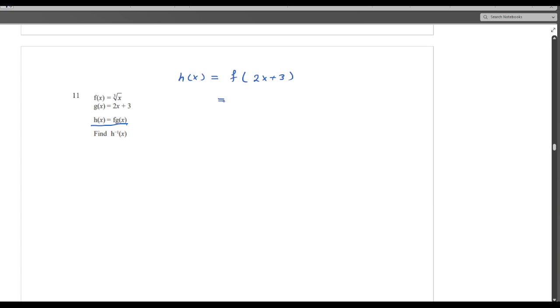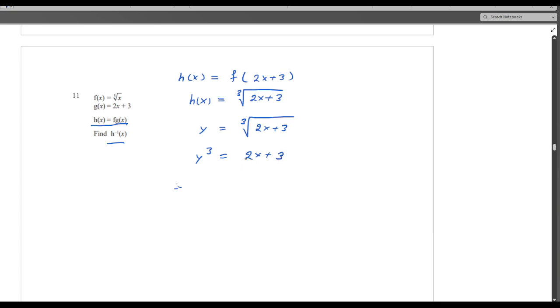So I will replace x here with this 2x plus 3. So it will become the cube root of 2x plus 3. This is your h(x). Now to find h inverse of x, let us replace this with y. So y is equal to the cube root of 2x plus 3. Then you cube both sides. So you get y cube is equal to 2x plus 3.